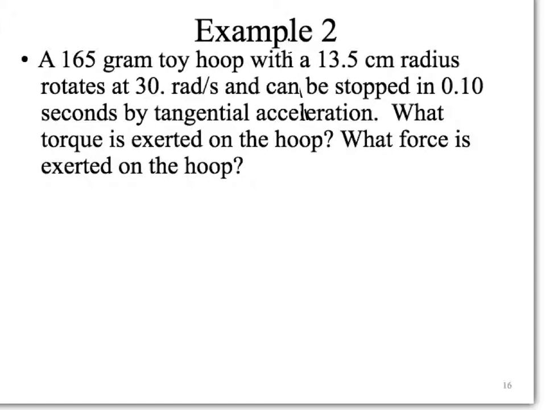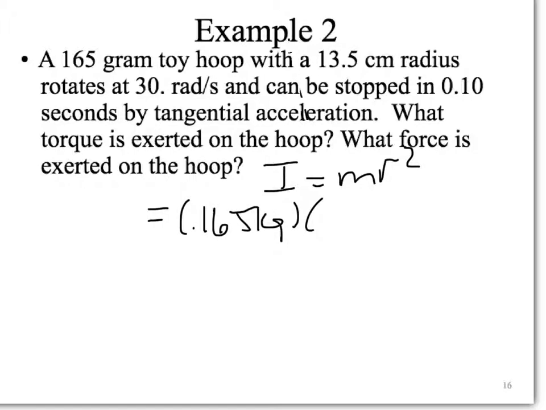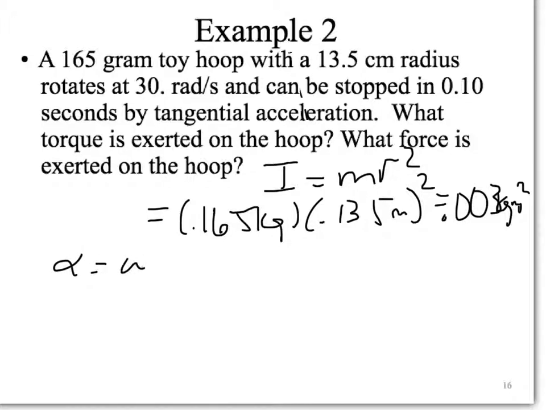So if you look at your moments of inertia, if you have a hoop, moment of inertia again will be mr squared. And we're going to get 0.165 kilograms times 0.135 meters squared, and we're going to get 0.003 kilogram meter squared.